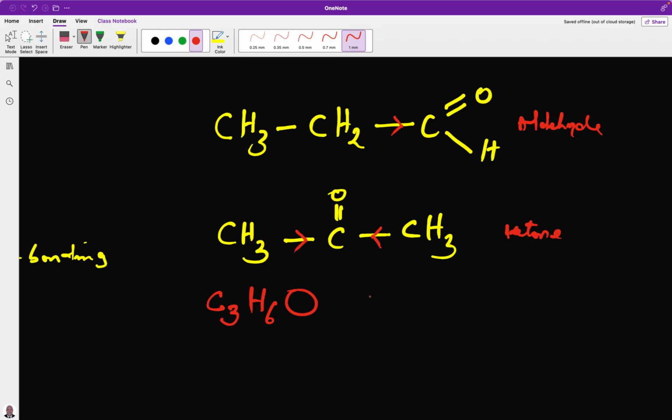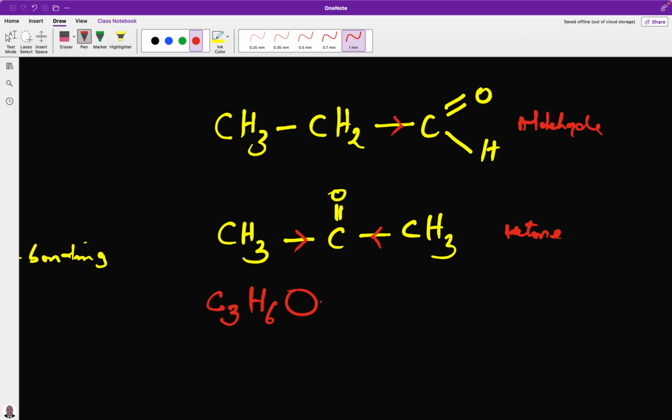A ketone of the same molecular mass as the aldehyde will have a higher melting point or boiling point than its corresponding aldehyde, because this electron donating effect makes the carbon-oxygen bond in the ketone more polar than in the aldehyde.